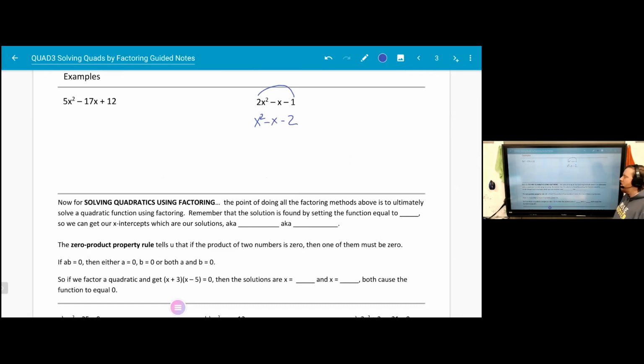Now we need to do just like we do product sum factoring or basic factoring. What multiplies to negative 2 and adds to negative 1? This is like x minus 2 times x plus 1, because negative 2 times 1 is negative 2 and negative 2 plus 1 is negative 1.